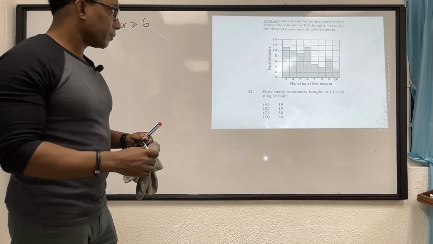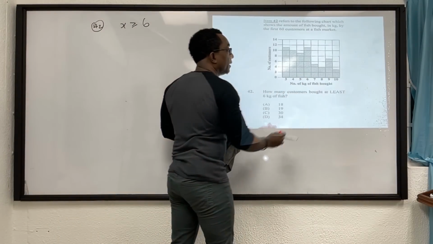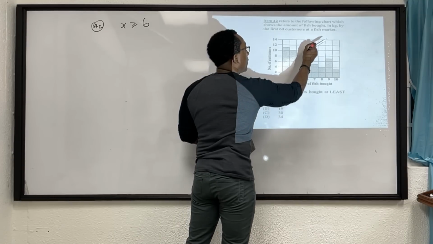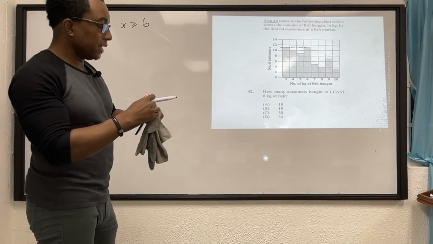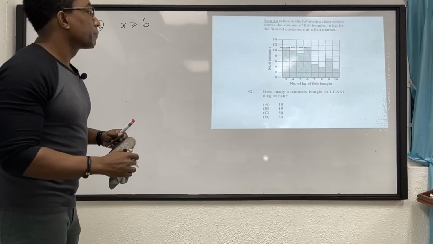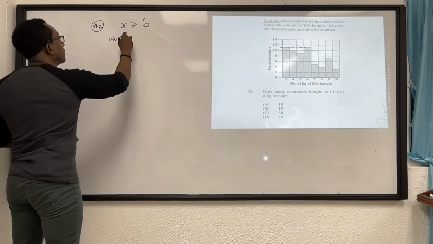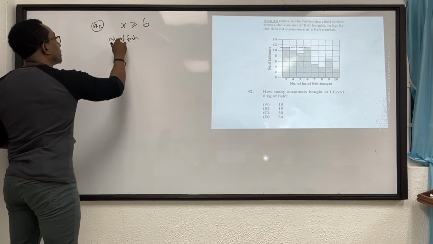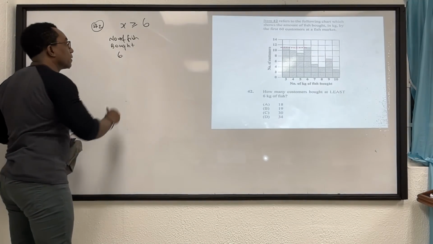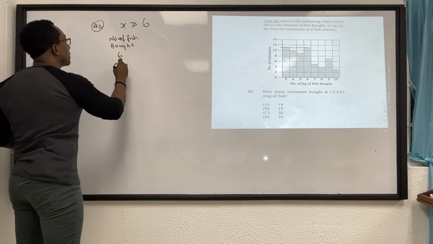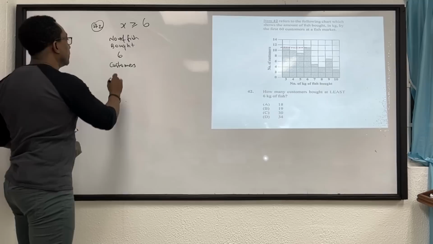So let's see. To determine the number of customers who bought at least 6, we are going to look at the number of fish bought. If it's 6, 6 corresponds to how many customers? That looks like between 10 and 12, halfway. That will be 11 customers. So number of fish bought, we have here 6, and 6 corresponds to 11.